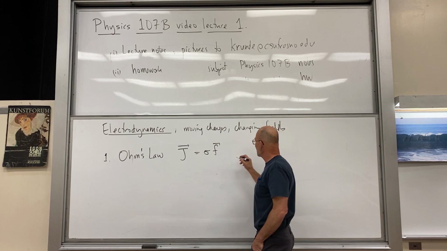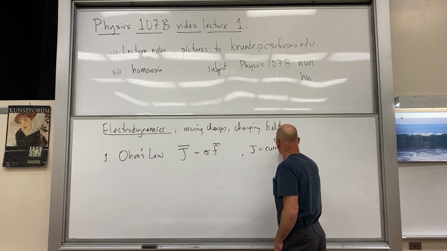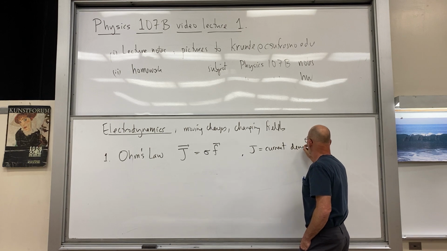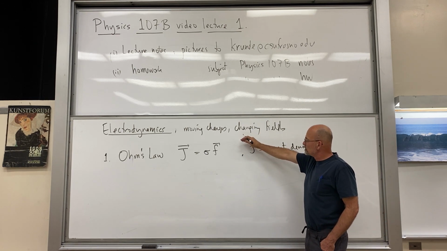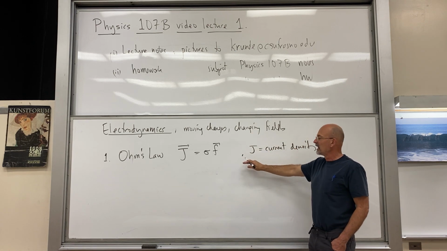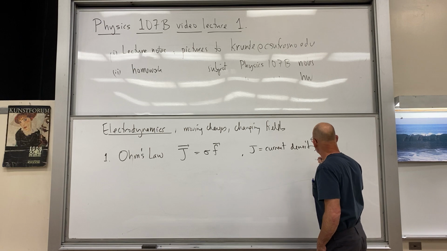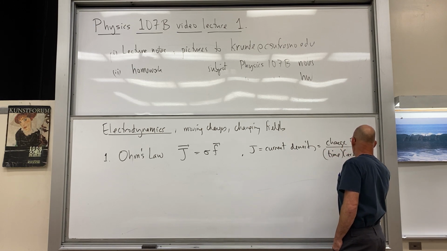So let's go ahead and define these things. We've got the current density, and so that would be charge per time, that's a current, and then per unit area. So I'll just write here charge per time per unit area.